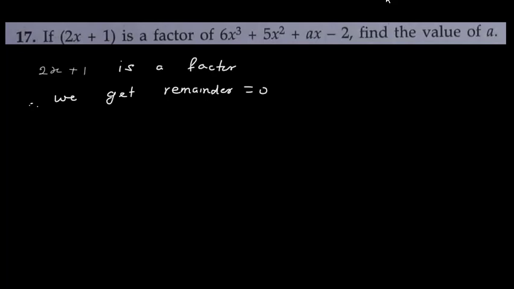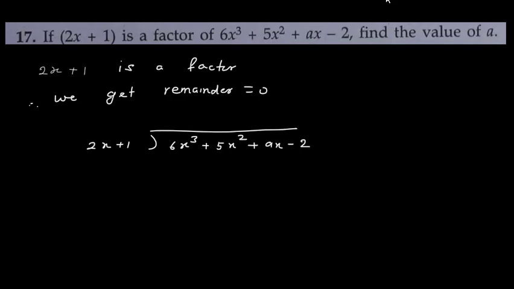So now let us divide the polynomial, which is 6x cube plus 5x square plus ax minus 2, by this 2x plus 1.